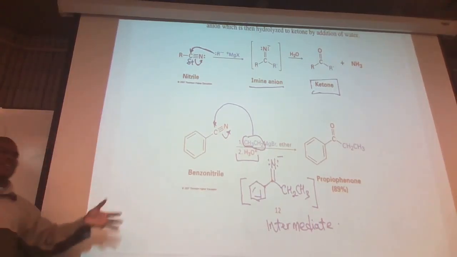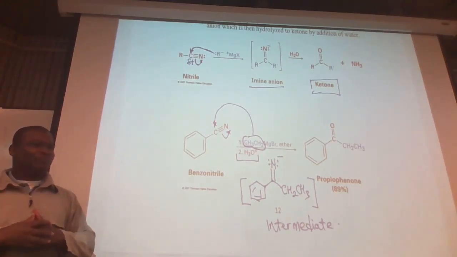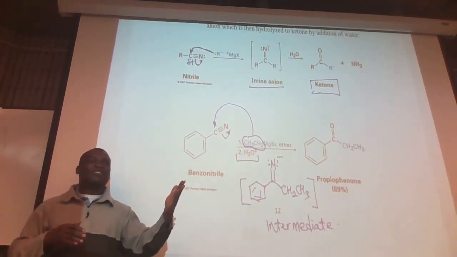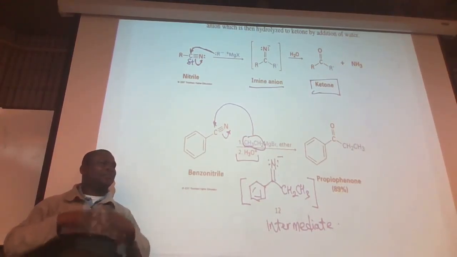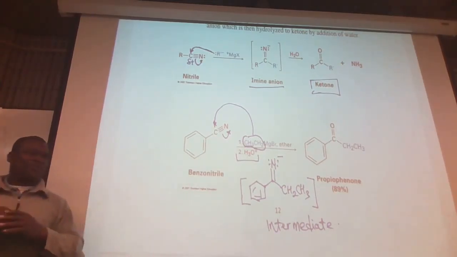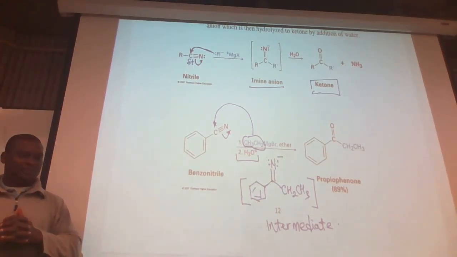So let's basically recap what we did here. Chapter 20, what did we talk about in chapter 20? Aldehydes and ketones, right? So the first thing we did is naming. You have to know how to name it. In aldehydes, you have to start with. That's 19. Aldehydes and ketones are chapter 19.